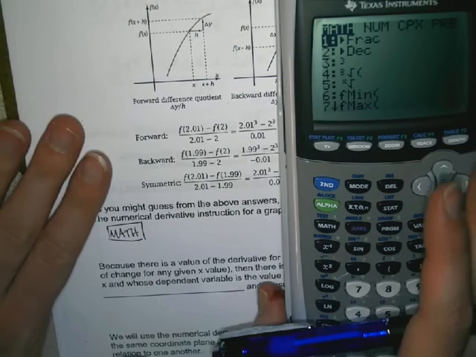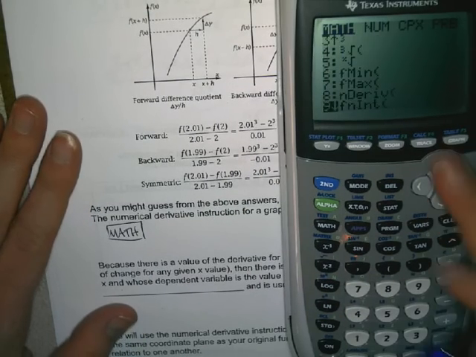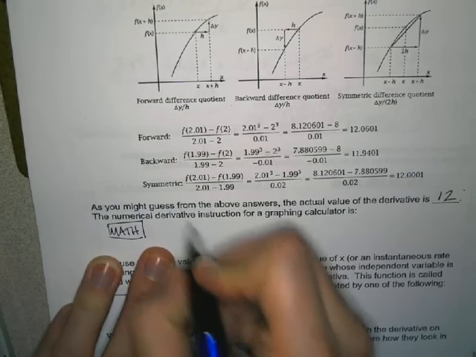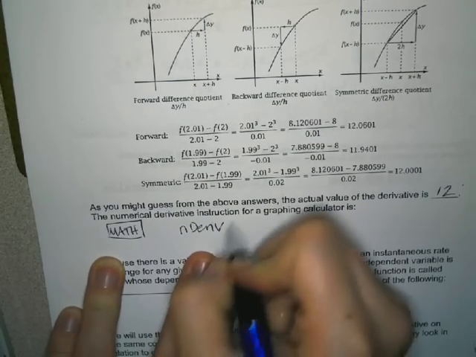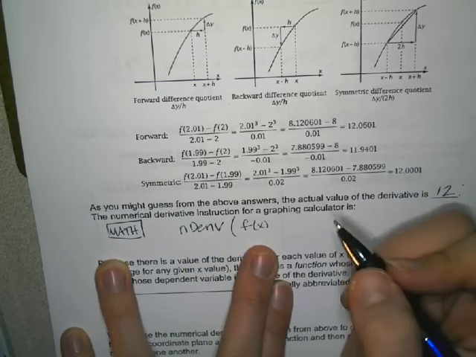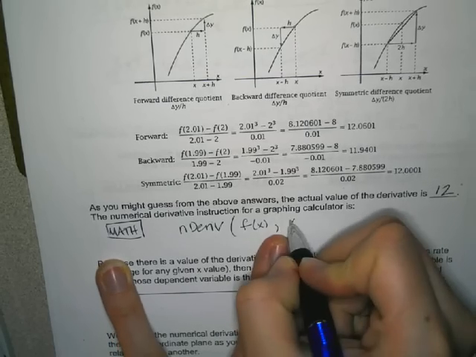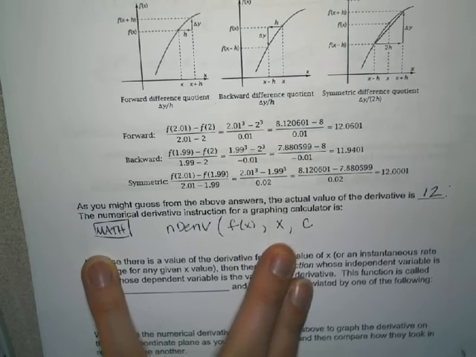Okay, so in your calculator to estimate, you're going to go to your math button. There we go. So you're going to go to the math button, and then you go down to where it says NDeriv. You select it, and then the input is you put the function, you put your independent variable, which is x, and then you put the c value or the specific x that you want.